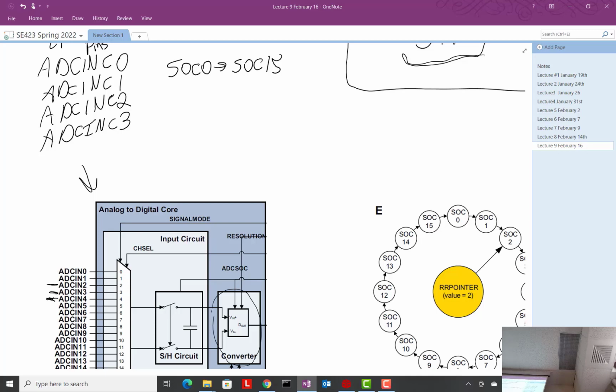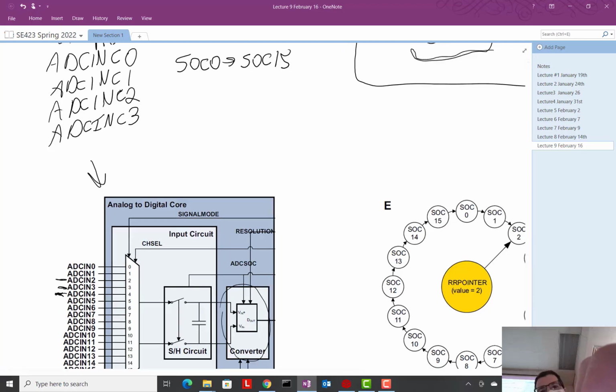So if you decide not to use SOC 6 through 15, you can take them out of this circle and just circle the ones you're using. 0, 1, 2, 3, 4, 5, and then it jumps back to 0 when it's done with that sequence. If you don't enable an SOC, start of conversion, this is confusing. You could do 15, actually 16 conversions every trigger. But you don't have to. Okay? So we've got these start of conversions.